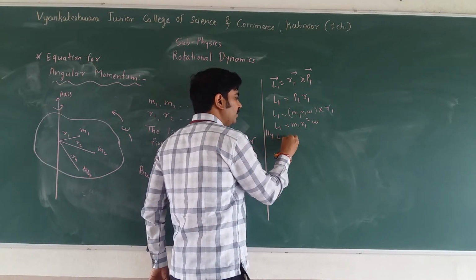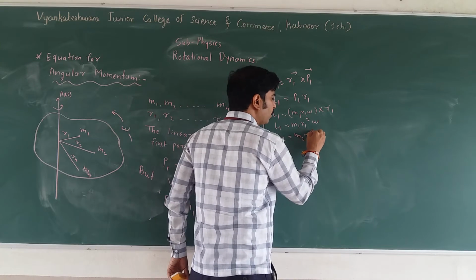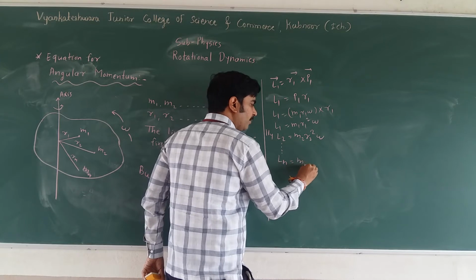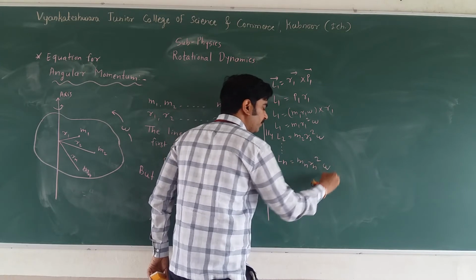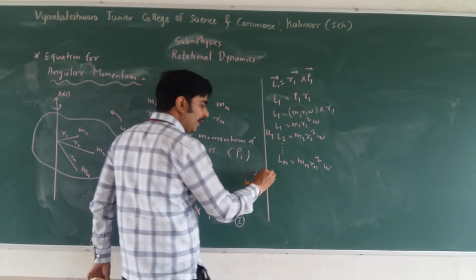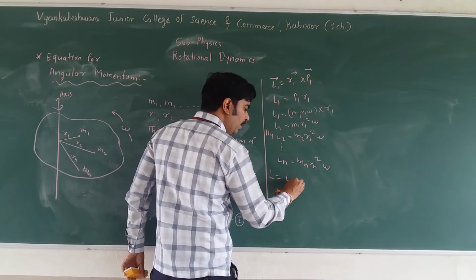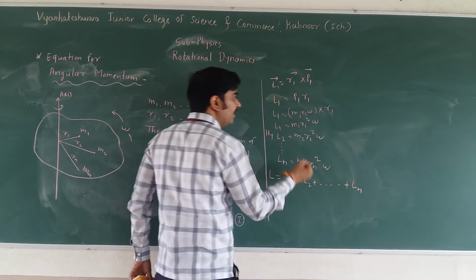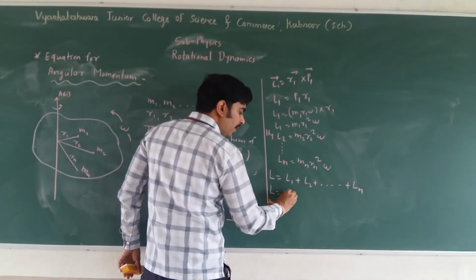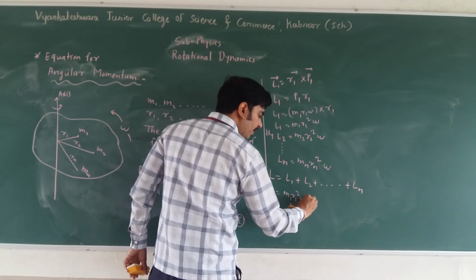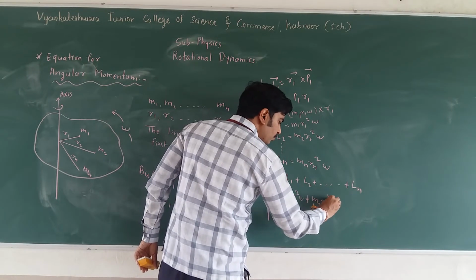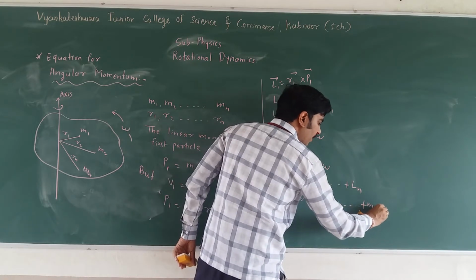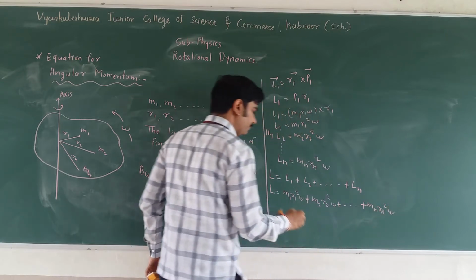Similarly, L2 is equal to m2 r2 square omega, up to Ln is equal to mn rn square omega. Now the total angular momentum L is equal to L1 plus L2 plus up to Ln. Substitute the values: m1 r1 square omega plus m2 r2 square omega plus up to mn rn square omega.